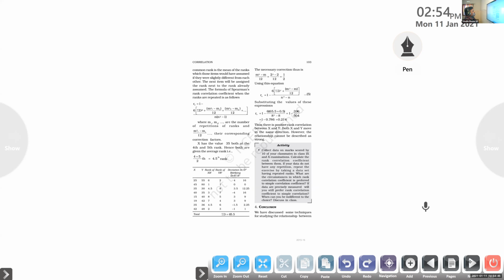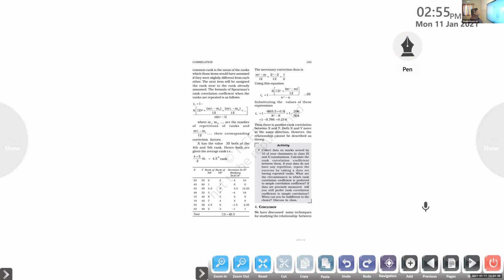The formula of Spearman's rank correlation coefficient when the ranks are repeated is as follows: 1 minus 6 into sigma d square plus m cube 1 minus m1 divided by 12 plus m cube 2 minus m2 divided by 12 plus, okay, all divided by n square minus 1.